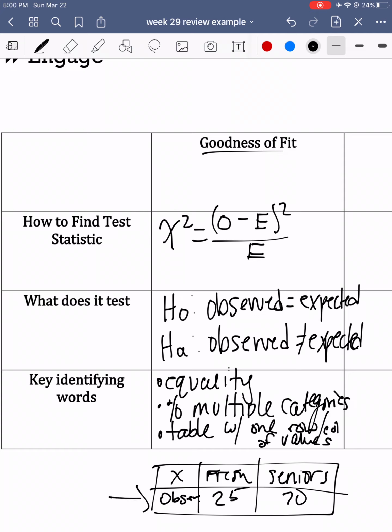It only has one row of observed values, and that is the defining feature of a goodness of fit test. If you are given a table that has one row of observed values and it's asking you for significance, that is going to be the goodness of fit test. You know that you're going to do the goodness of fit test if they give you a table with only one row of values.